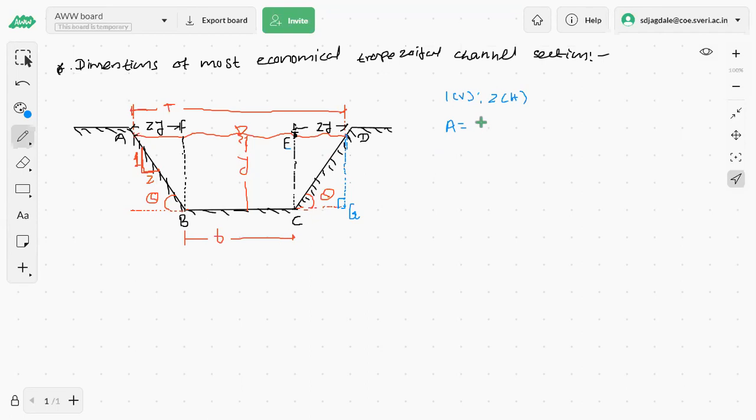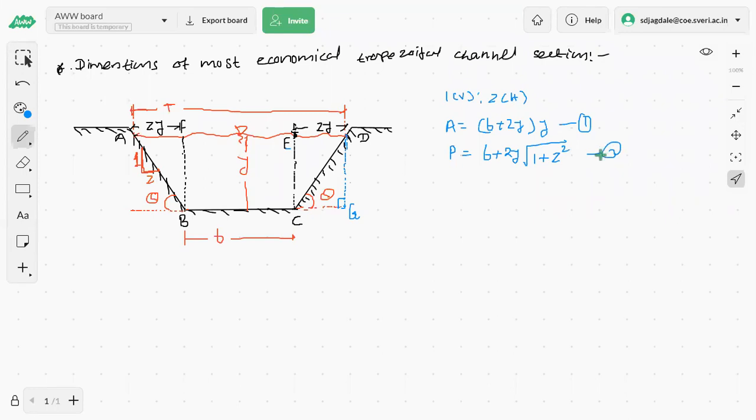B plus ZY into Y. Is it correct? Wetted area. Yes, sir. Then the wetted perimeter P is B plus 2Y under root 1 plus Z square.